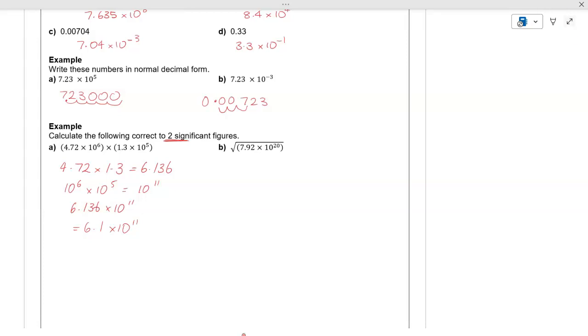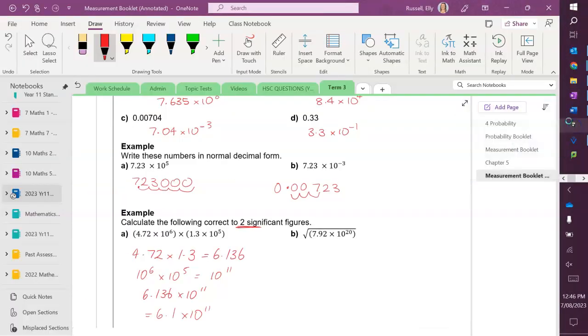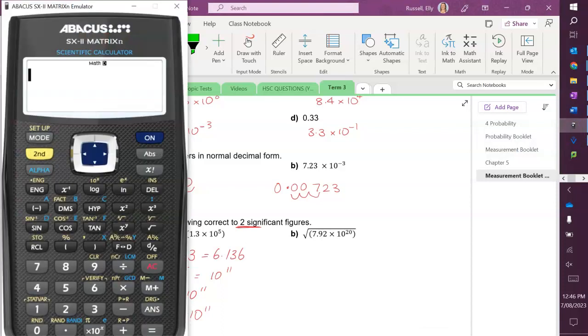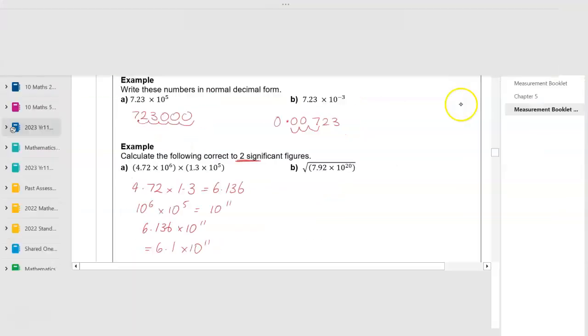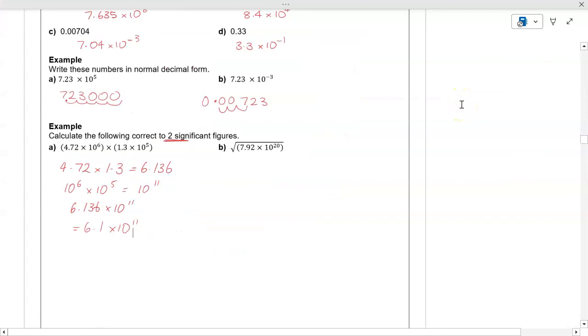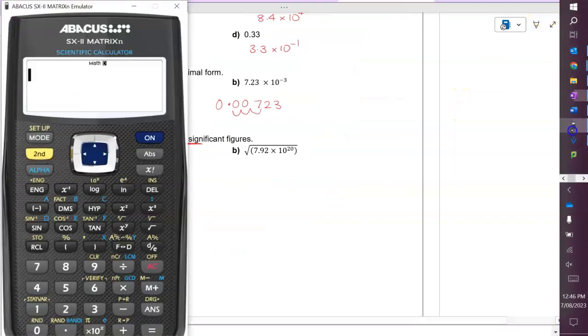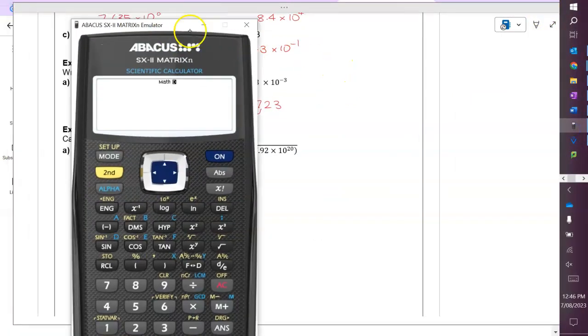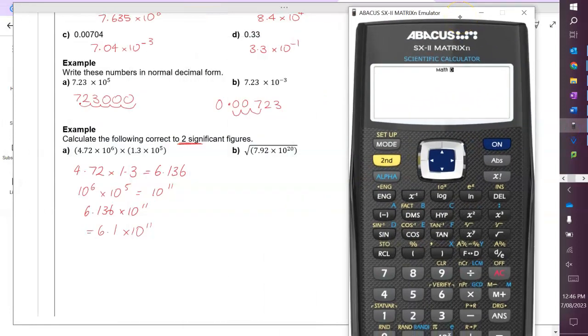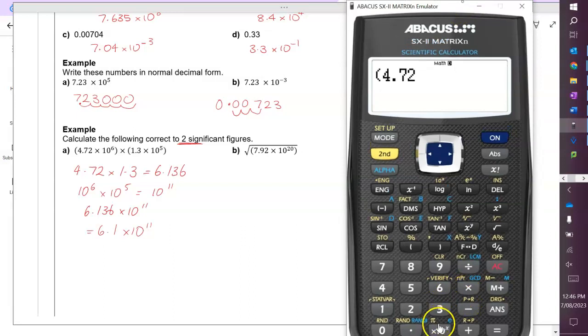Okay, doing this on the calculator, let's bring the calculator up. We need to use a specific button on that calculator. So we go bracket 4.72, and then the times 10 to the x button down the bottom.